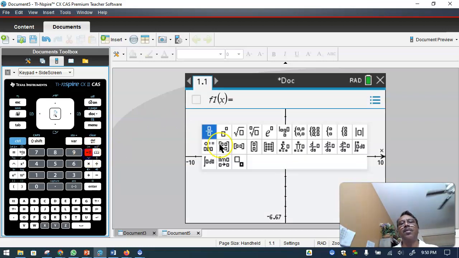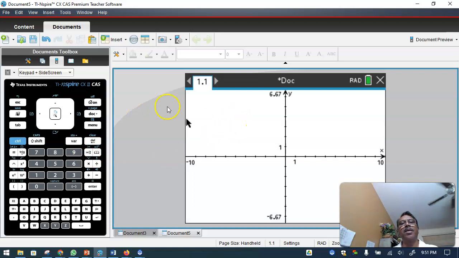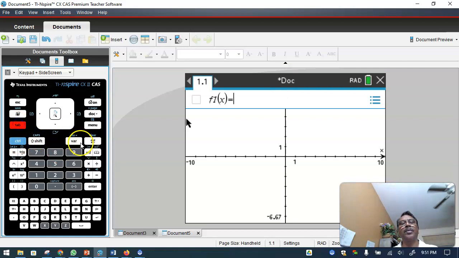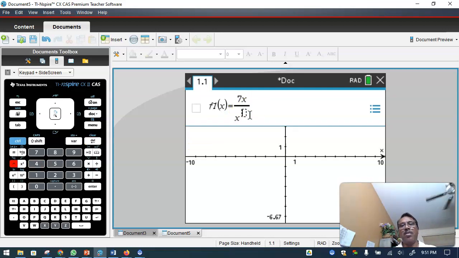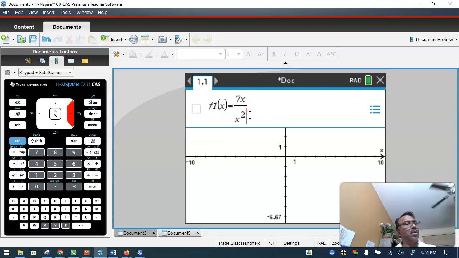The numerator is 7x, and the bottom is x to the power 2, plus 4.